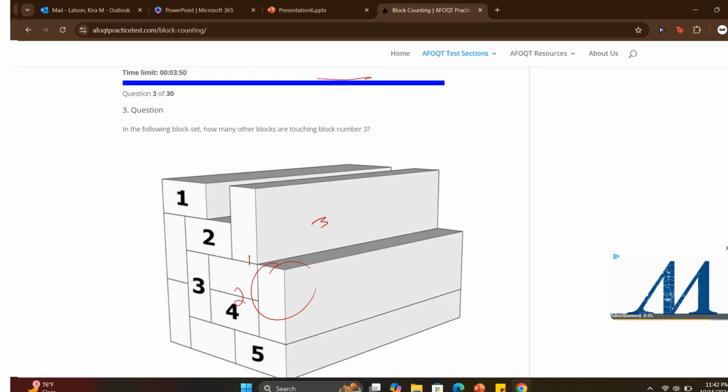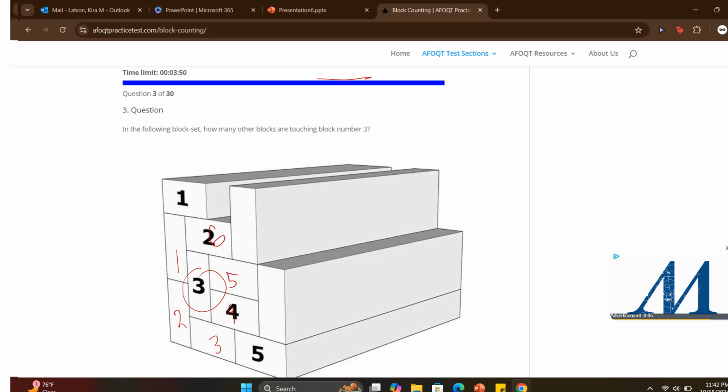This is definitely scuffed. How many blocks are touching block 3? This is block 3, first of all: 1, 2, 3, 4, 5, 6.